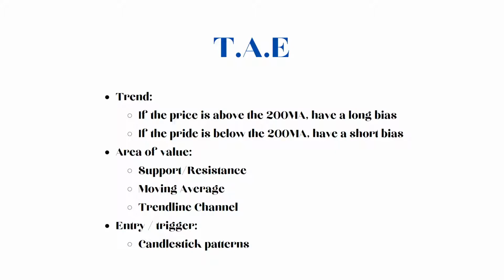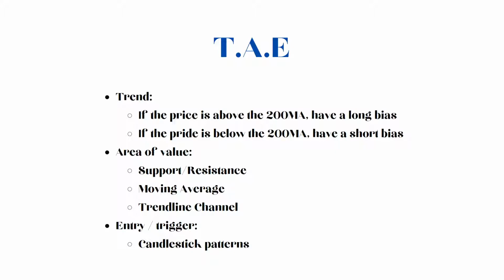By understanding the pattern you actually trigger the trade. As you know, we can't trade in isolation by only using this entry trigger, so we have different market factors that we have to consider. Those are trend and area of value.